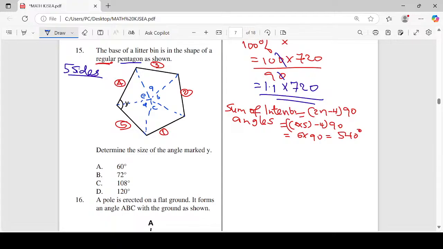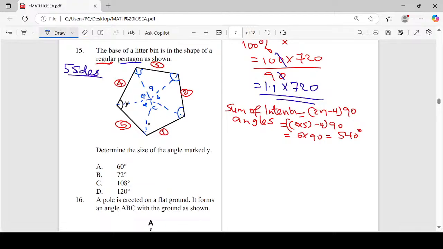Without wasting time, we know that since this is a regular polygon, all its interior angles are equal. This angle should be equal to this, should be equal to this, should be equal to this. Sorry, my machine tends to misbehave.